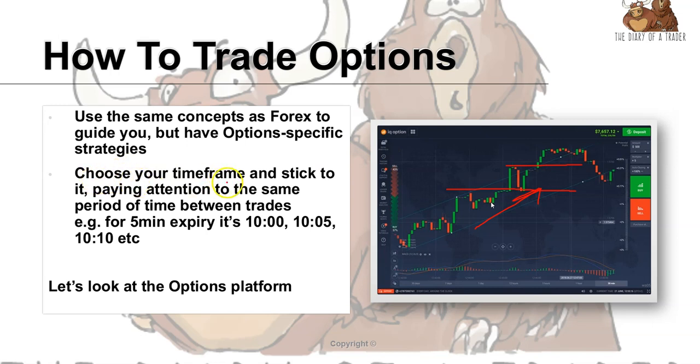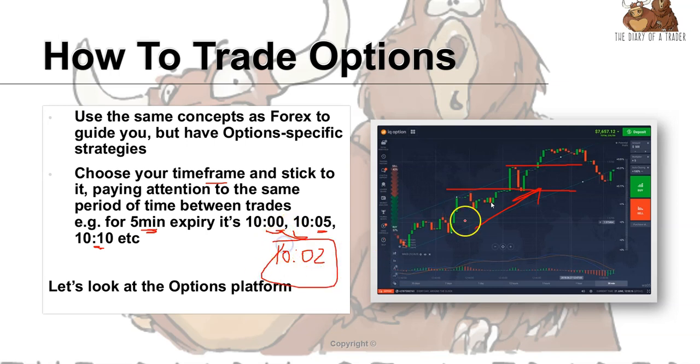Then you will choose your time frame and stick to it, and pay attention to the same period of time between the trades. So if you choose, for example, a 5-minute expiry time, you make sure that you place a trade every 5 minutes when the time begins and not in between. So for example, you would not place a trade at 10:02 in between these two times.